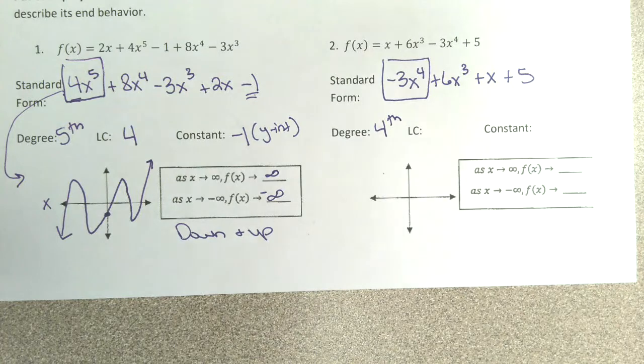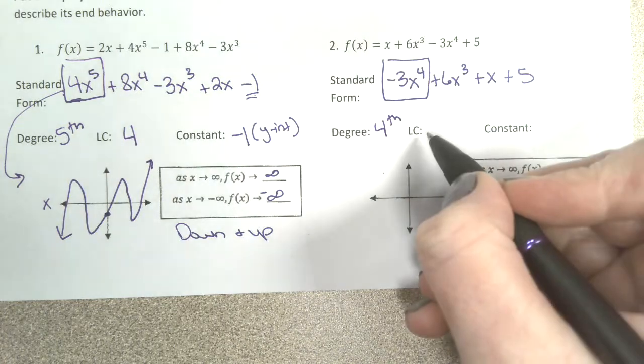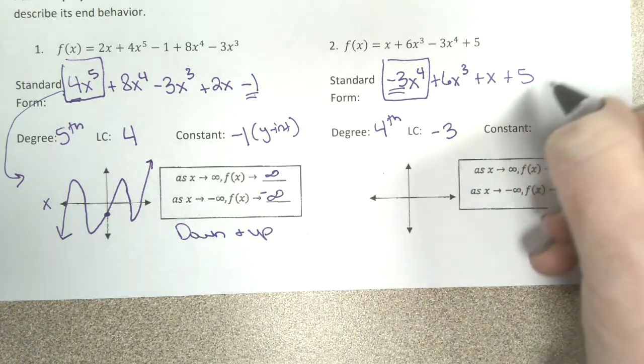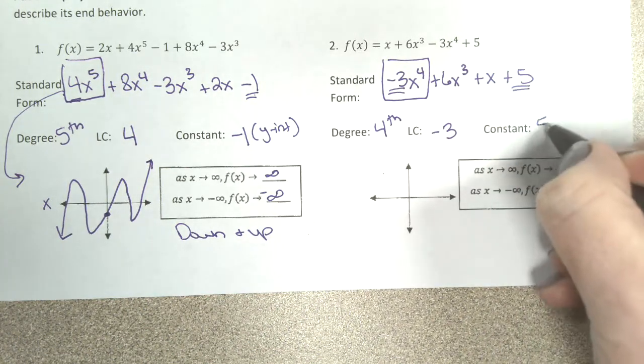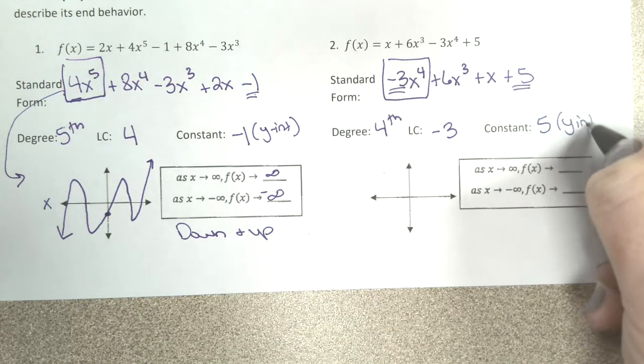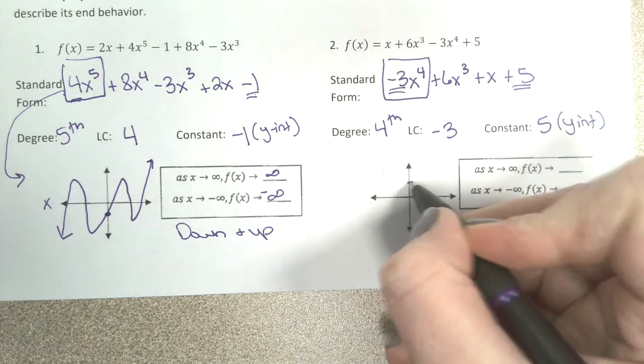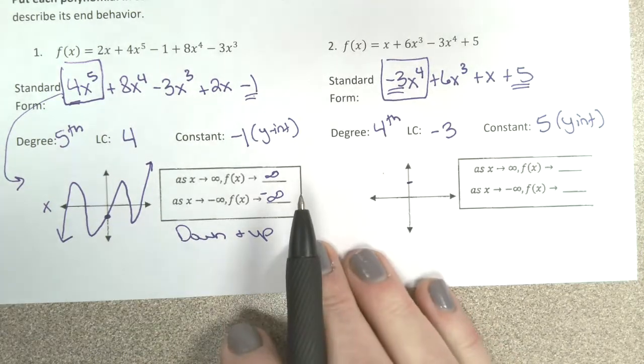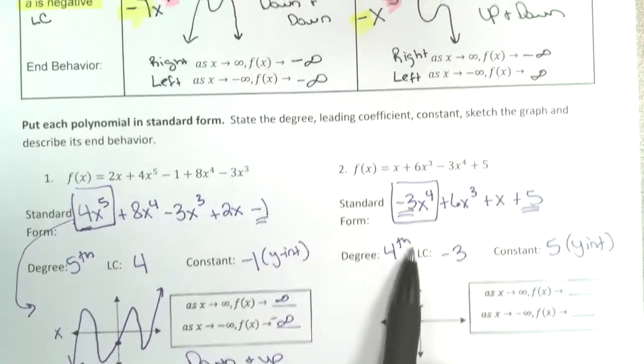Technically, I think that's called a quartic. The leading coefficient is -3, and your constant is 5. All right, so I know that I'm going to cross the graph about there. We'll call that 5.